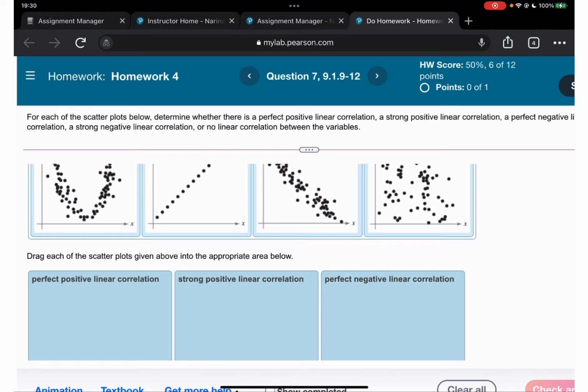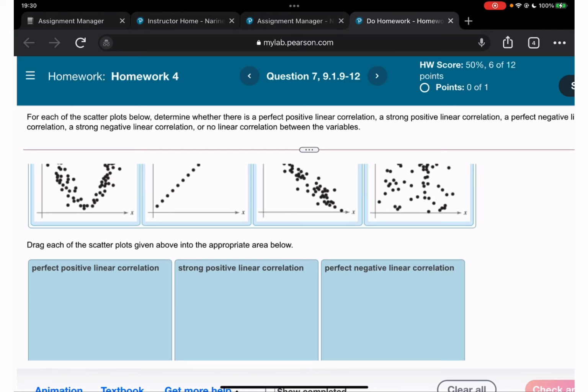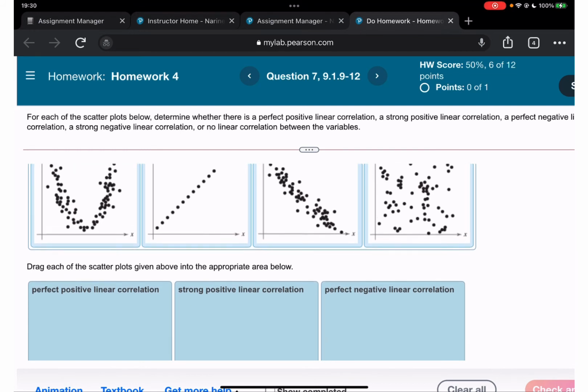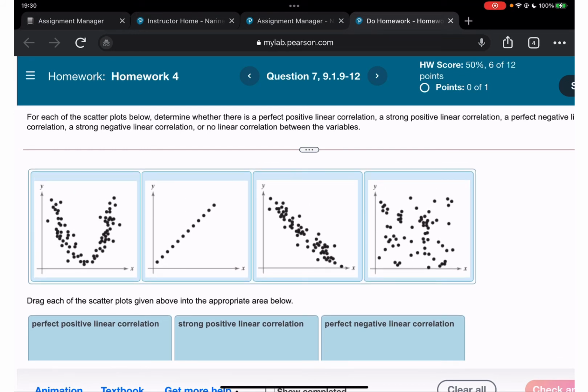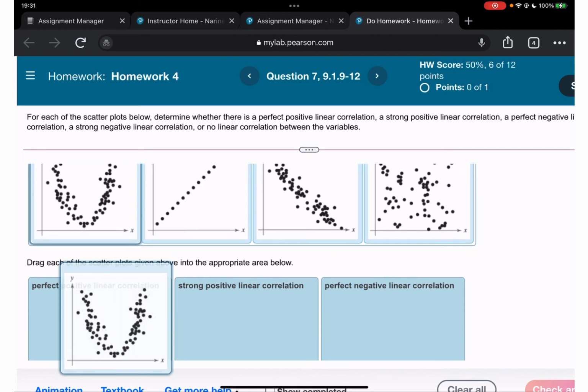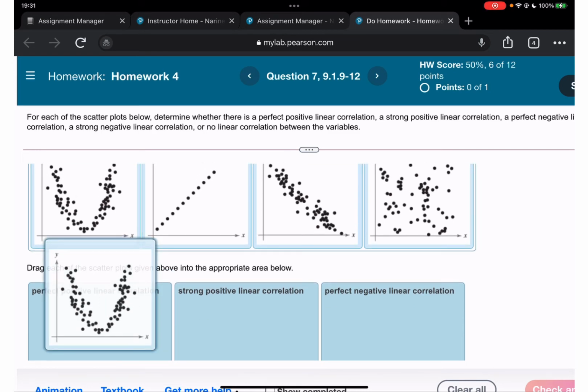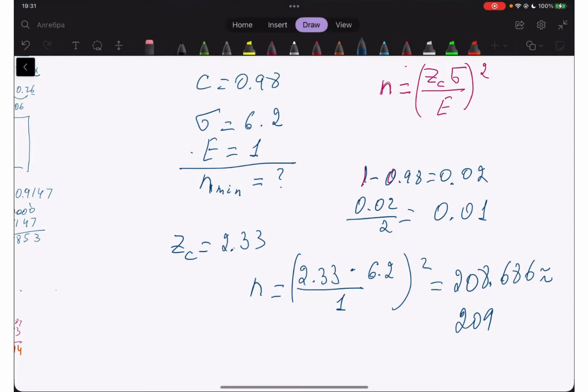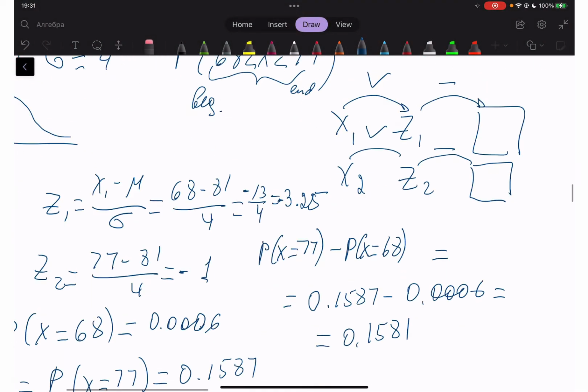Next, strong positive linear correlation. Which one is going to be a strong positive linear correlation? We don't have a strong positive linear correlation. I'll explain why. Because a perfect linear correlation is going to be a straight line, right?